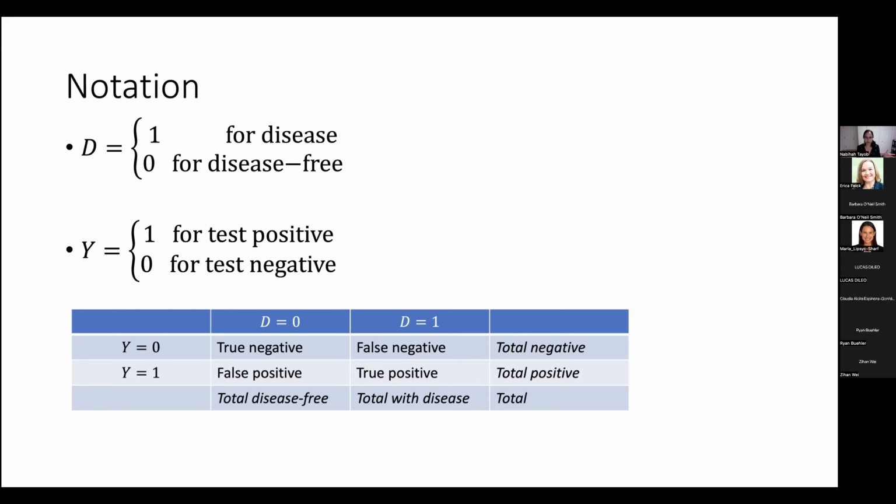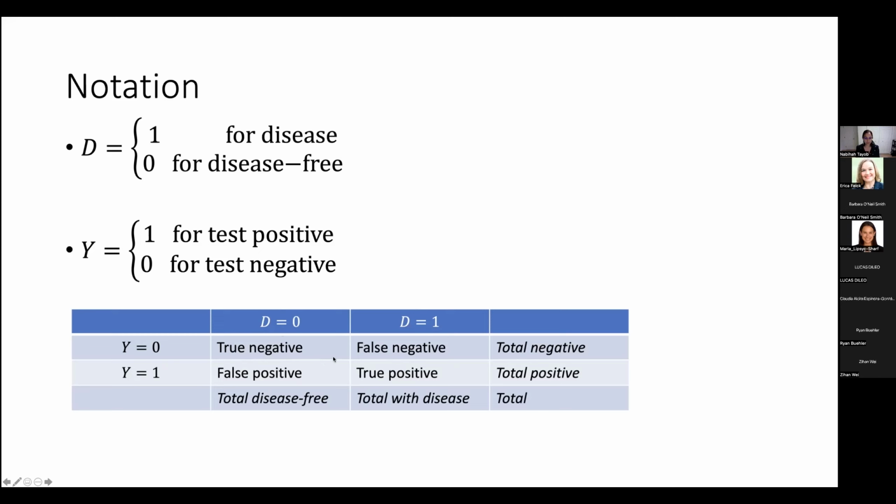So we can have then a 2x2 cross tabulation of how the disease status and the test results interact. Patients can be categorized in this 2x2 table as either true negatives, they don't have the disease and their test is negative. True positive in this bottom corner, they have the disease and their test is positive.